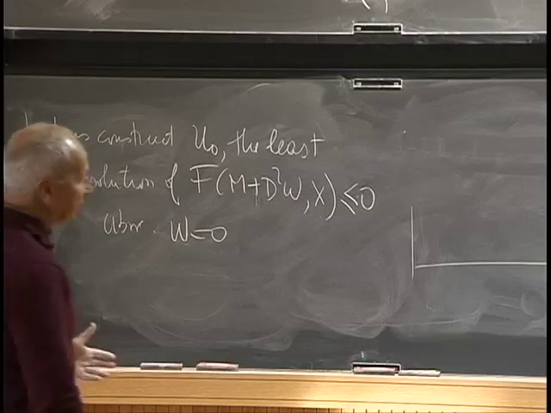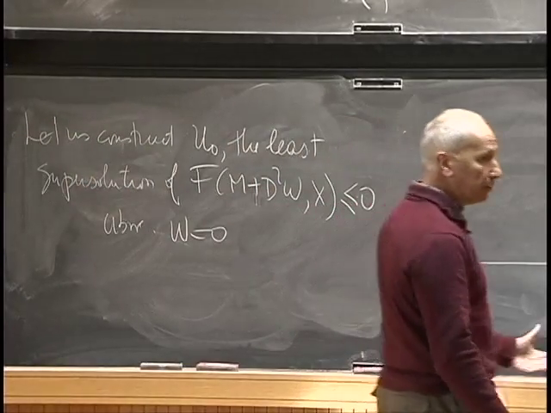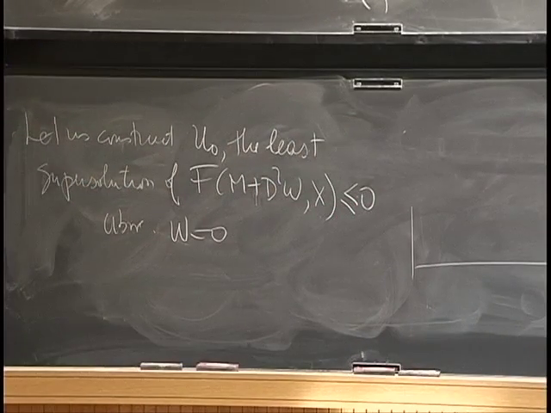This is a classic tool. This is called the obstacle problem. In other words, you start the Perron method, but you are not allowed to go through u equal to 0. Okay.